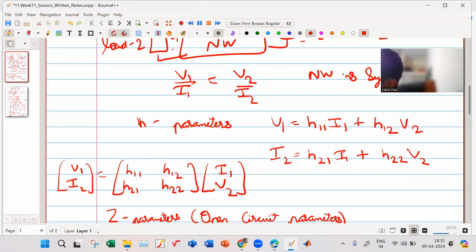I want to find H11, H12, H21, H22. What I will do, the simple way, is make V2 zero. If I make V2 zero, then I can get H11 and H21. Now if I want to find H12 and H22, I make I1 zero. Through that, I can easily get it.